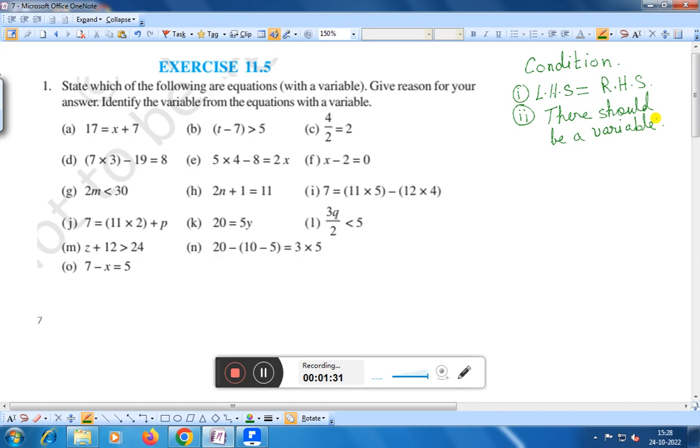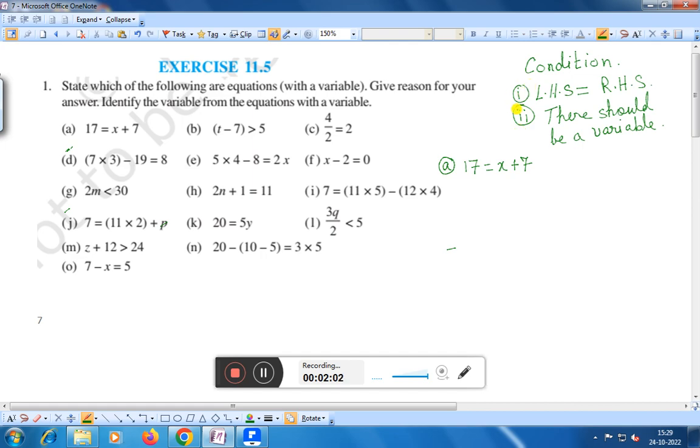These are the two conditions in which you can say that it is an equation with a variable, right? Number A is 17 is equal to x plus 7.